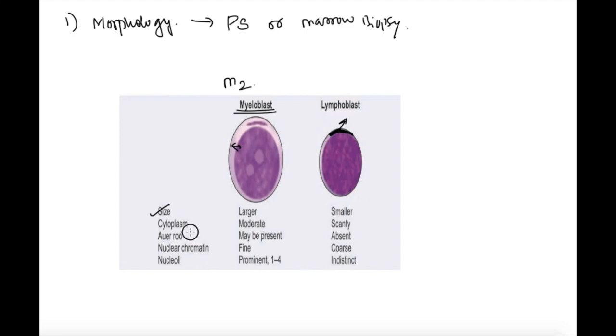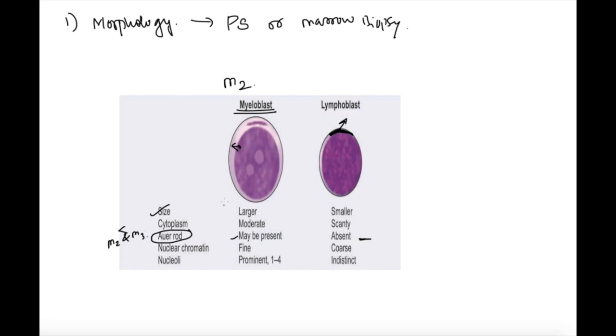Then we see Auer rods. These are the most important features, present only in the myeloblast; lymphoblasts do not have them. Rods are present only in the M2 and M3 varieties, and M3 has more rods compared to M2. M3 has the highest number of rods.